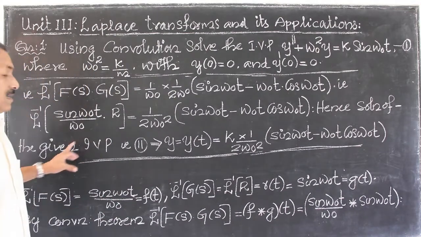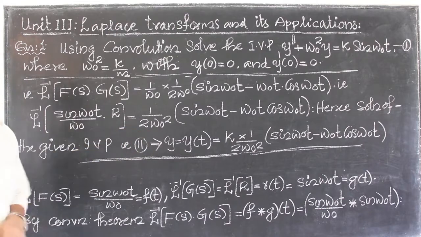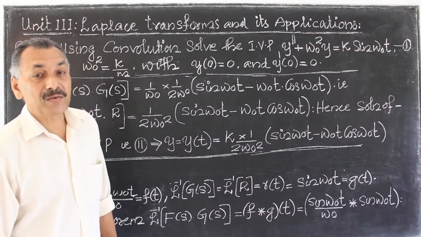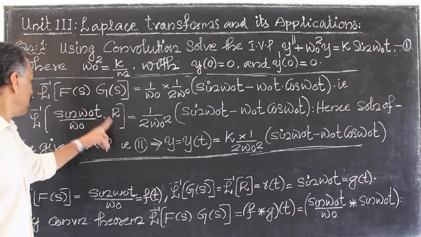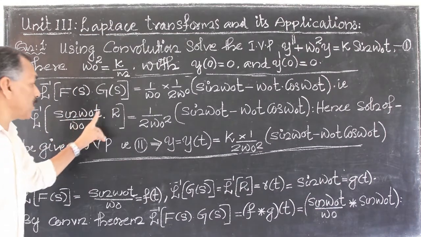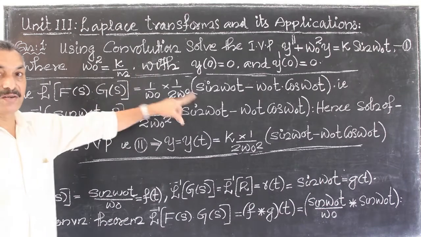Hence, the solution of the given differential equation, that is result 2, gives y of t is equal to k into Laplace inverse of sin omega naught t by omega naught into r naught. This is Fs and Gs. That's result 2.